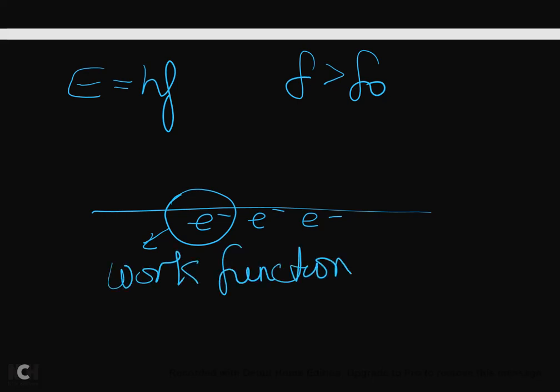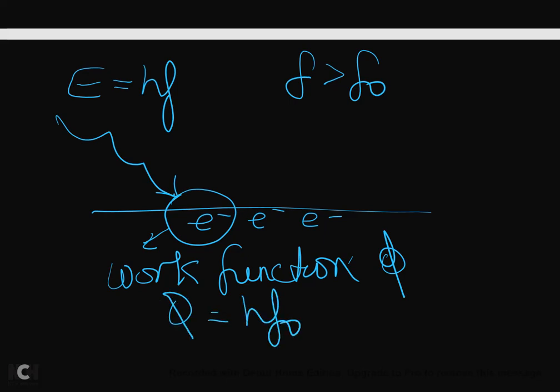So initially, when E equals hf is incident, some of that energy goes into overcoming the forces holding the electrons in or on the surface of the atom. That is called the work function, and it is given by phi. Phi is equal to hf0.